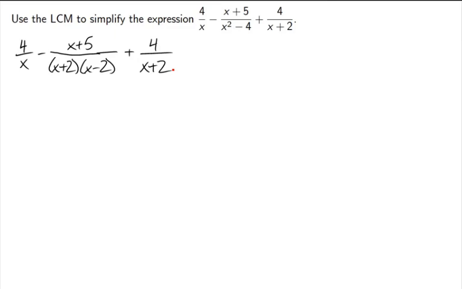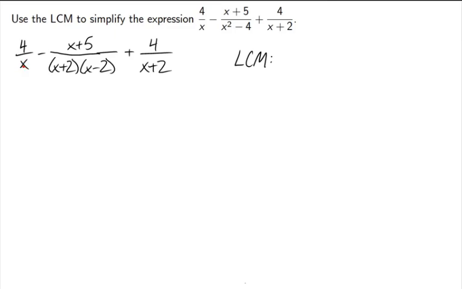So what I want to do is find the LCM of these 3 denominators. So let's see what that is. Well, I see I have an x that appears over here, and again, if there's an x, x is just hanging out by itself. The denominator does look at these as factors.